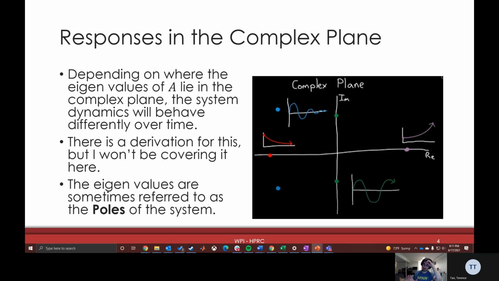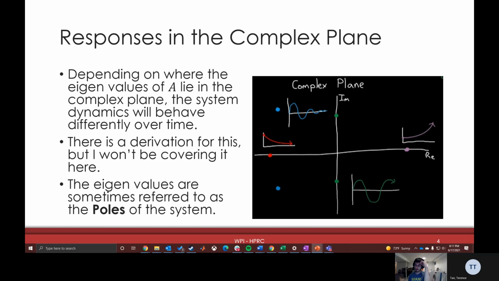In this diagram, this is the complex plane. You remember doing imaginary numbers in math? Essentially, each region shows where the poles are and what that means for the system.